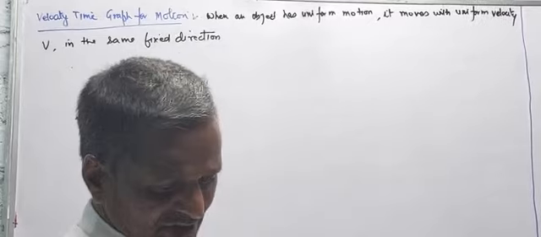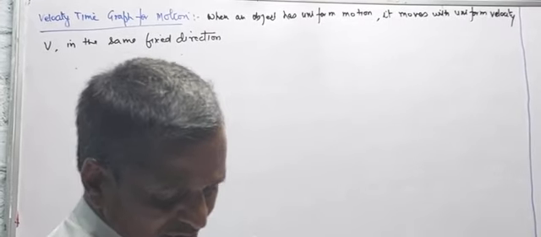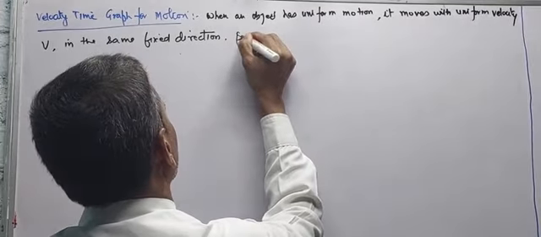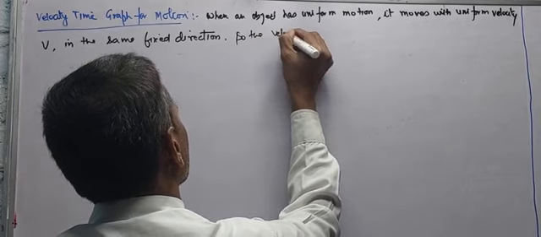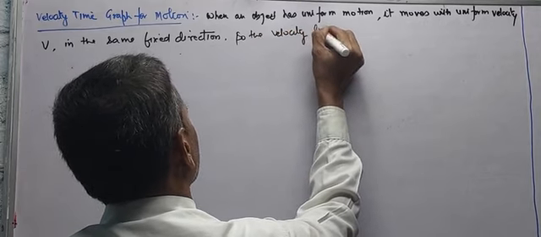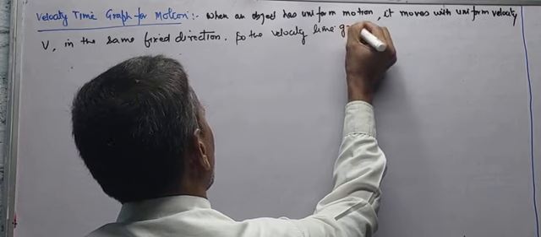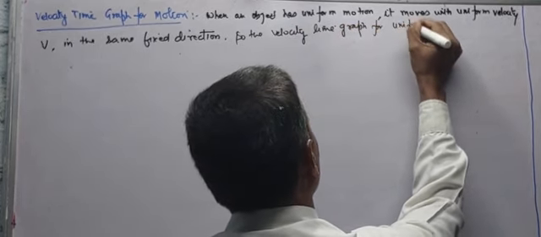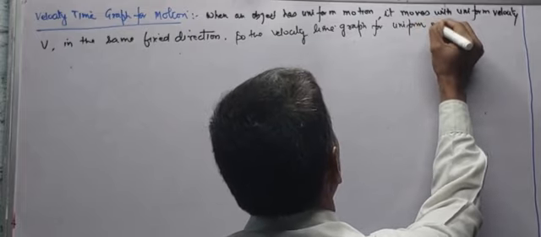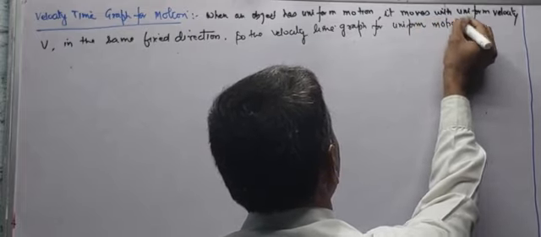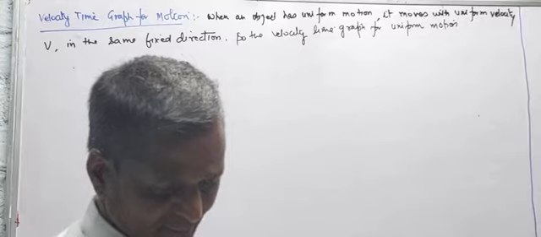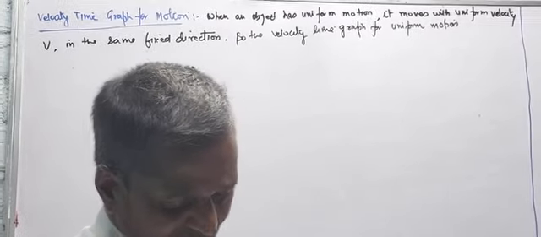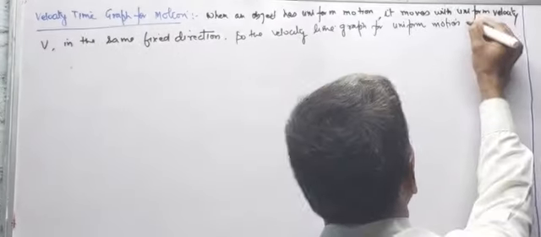So the velocity time graph for uniform motion is a straight line parallel to the time axis.